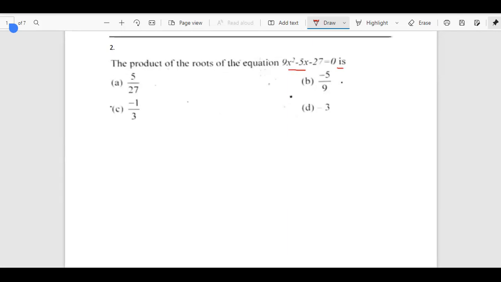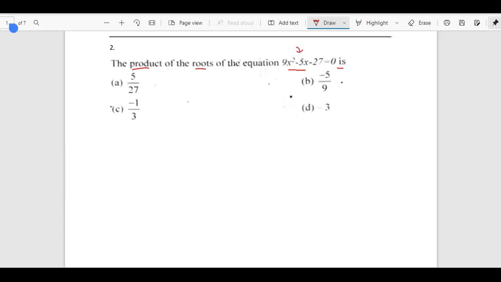When we talk about the entry test, calculators are not allowed. In NET, you would not be allowed to use a calculator. So every calculation which I'll be doing in this video would be based on that. I know that you would not be allowed to use a calculator, so I will be doing things that way. Now we have to find the product of the roots of this equation.